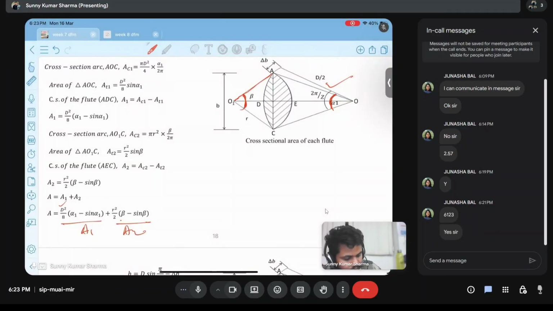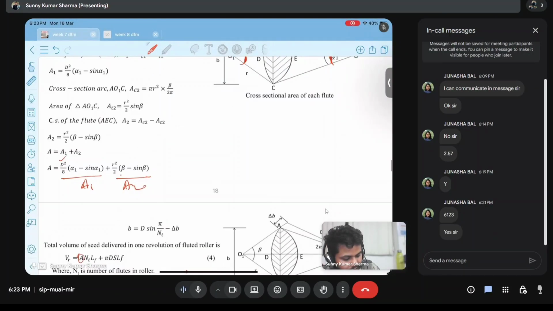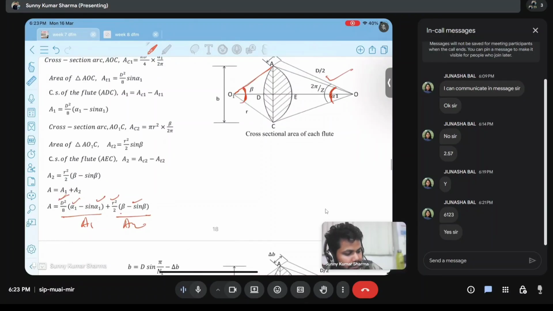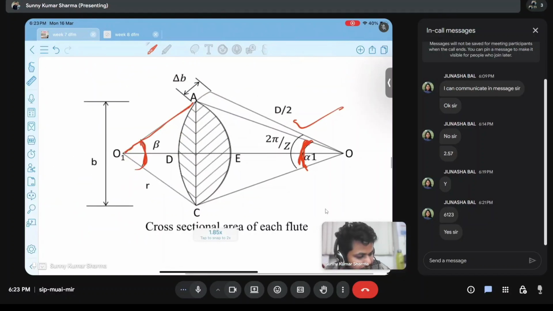So for this diameter and this radius given, we need to know alpha and this beta. So this alpha will be C. This is alpha, so this will be alpha by 2. And this one is beta, so this will be d by 2. This is d by 2, and this is d by 2.